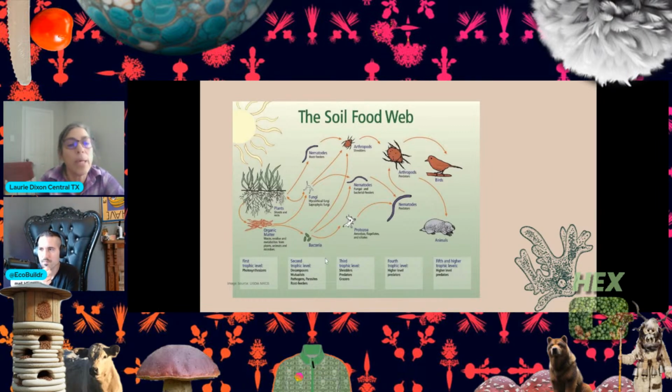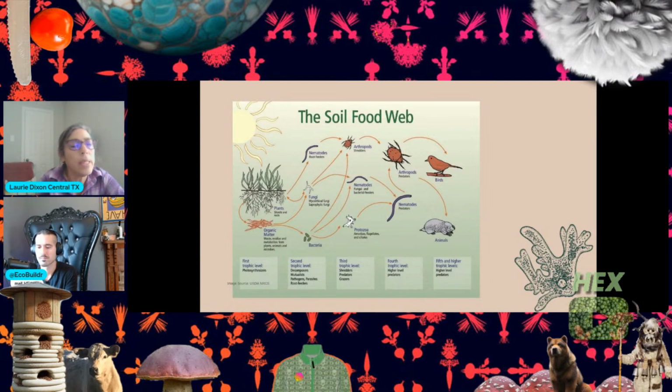They get eaten by the next trophic level, and they get eaten by the next trophic level. It forms a web because there's a lot of crossing over; some organisms eat multiple organisms. So this diagram is central to understanding the soil food web.